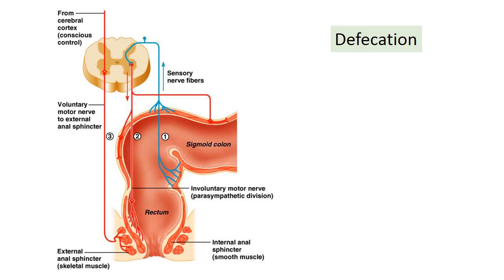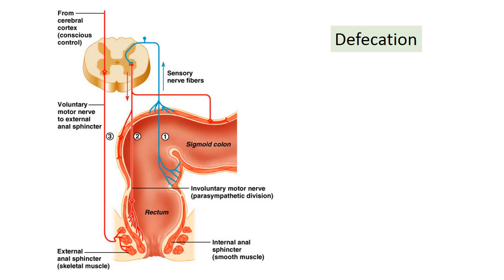Smooth muscle is the target of the autonomic nervous system, which is the automatic nervous system, which means you have no control over that reflex. So once there's a stretch in the rectum, these stretch receptors will result in the relaxation of the smooth muscle that makes up the internal anal sphincter.